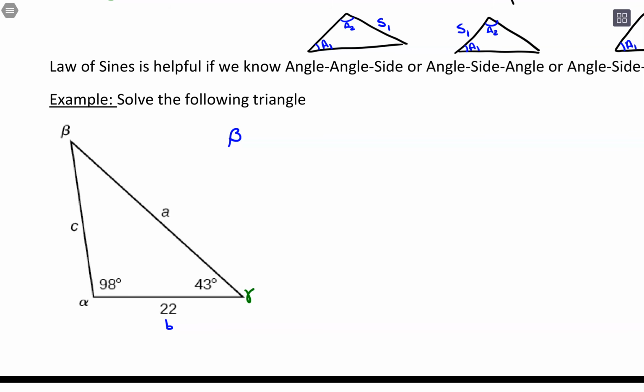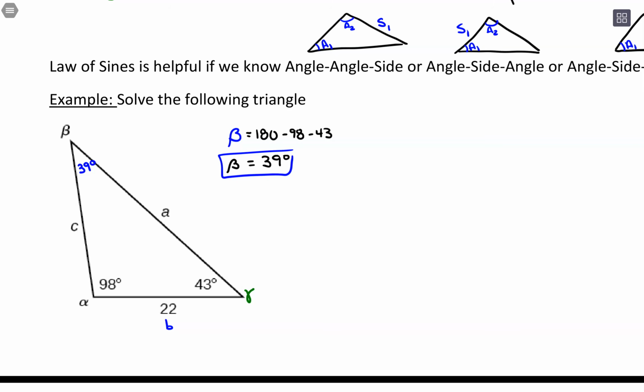We just take 180, take out the 98, take out the 43, and that gives me that beta is equal to 39 degrees. So I could go ahead and fill in the blank there.